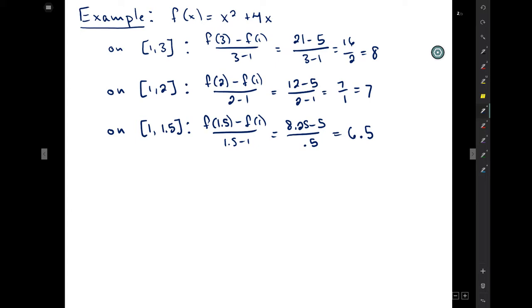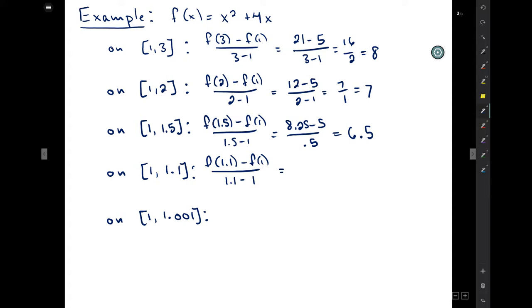Well, and what if I make my interval even shorter? What if I only go from 1 to 1.1? Well, and let's do one more after that. What if I go from 1 to 1.001? So I've made my interval very, very short. So here I'll calculate f of 1.1 minus f of 1 divided by 1.1 minus 1.